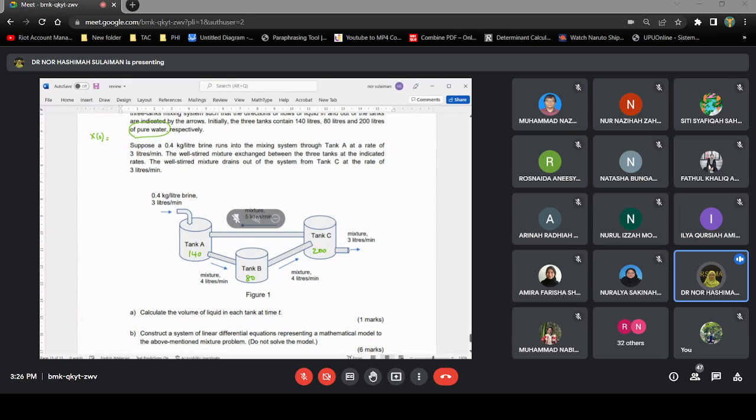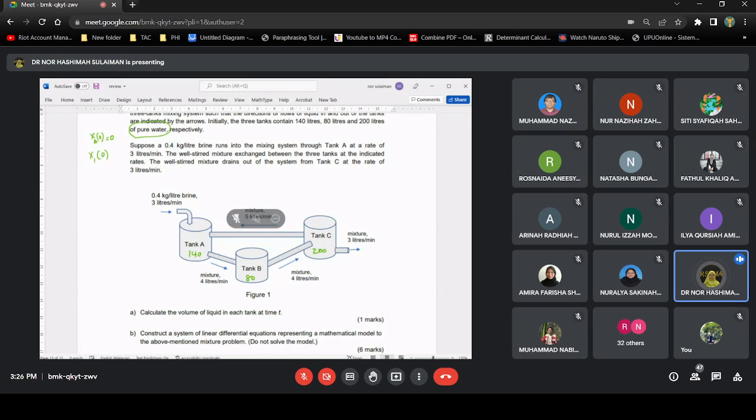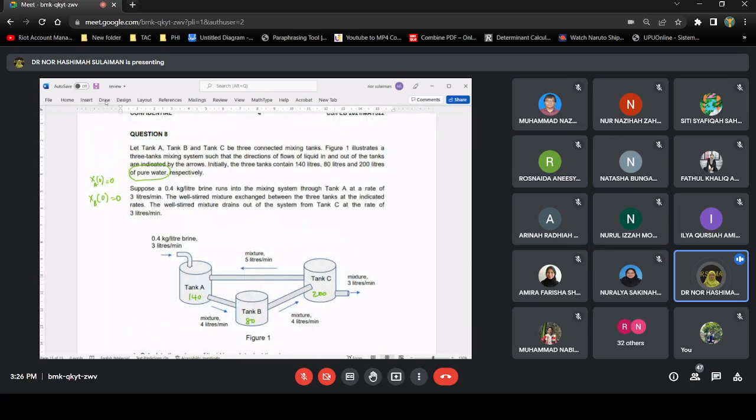Kalau pure water, initial amount of salt in tank A, katalah XA equals to 0. And then initial amount of salt in tank B also equals to 0. You nak guna terpulanglah nak guna XA, XB pun boleh, nak guna XYZ pun boleh. Saya rasa saya suka XYZ lah sebab kita nak kurangkan indexing ni kan.